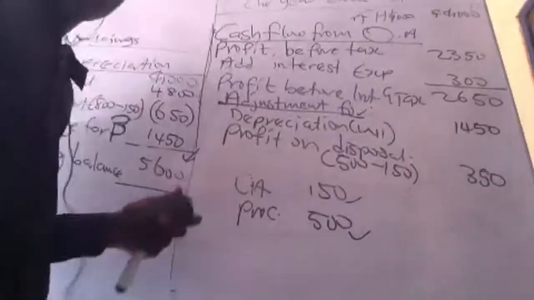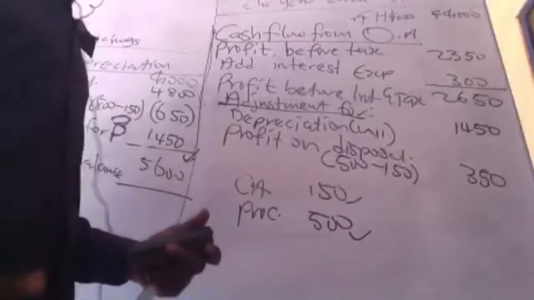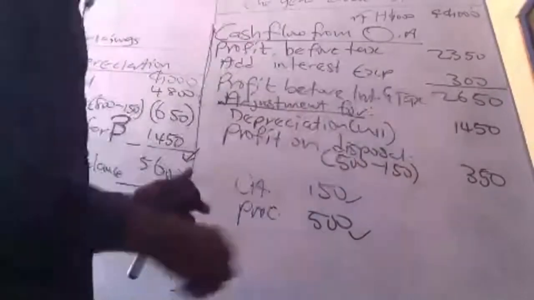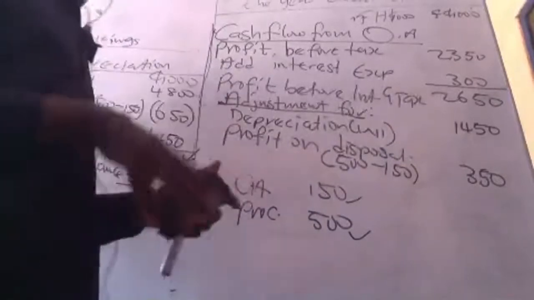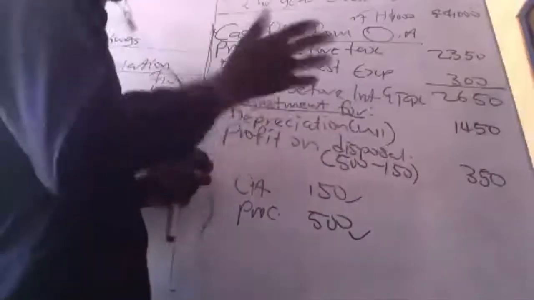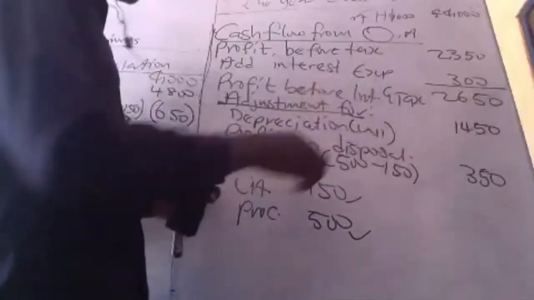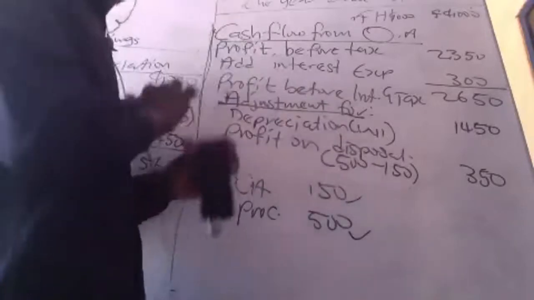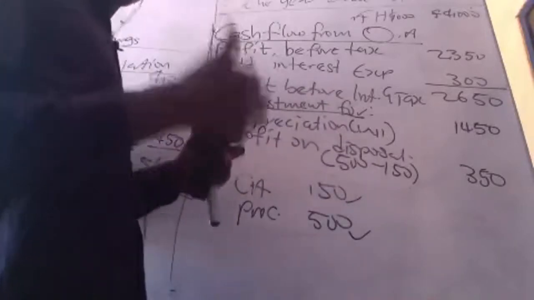Profit on disposal: we said that if it's a profit, add it to other income. Whatever they've added has entered the profit. So it means that this 350 has been added. Meanwhile, it's not supposed to be there. Profit on disposal is not an operating activity item. So we have to reverse it.